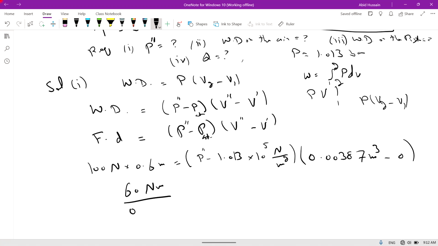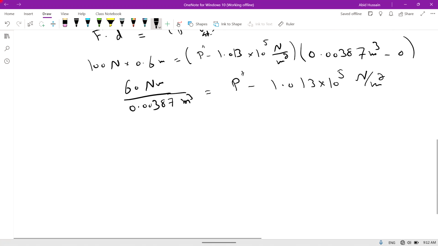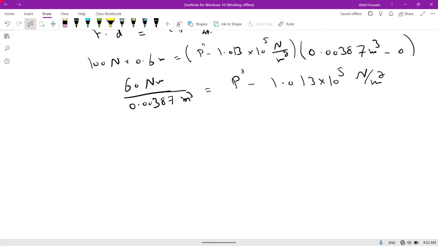Divide by this value to find P double dash. 60 divided by 0.00387 Newton meter cube is equal to P double dash minus 1.013 multiplied by 10 power 5 Newton per square meter. Now 60 divided by 0.00387 is equal to 15503.87.